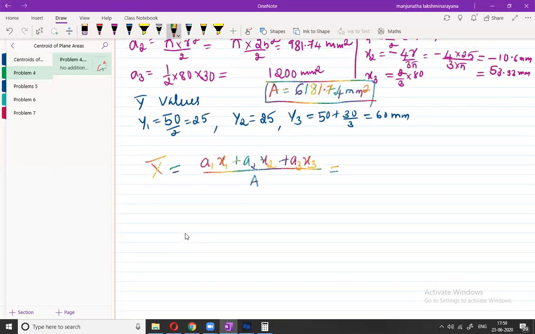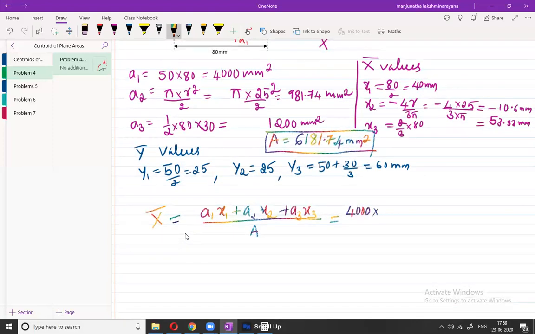Area A1 is 4000 into x1, and x1 is 40 mm.